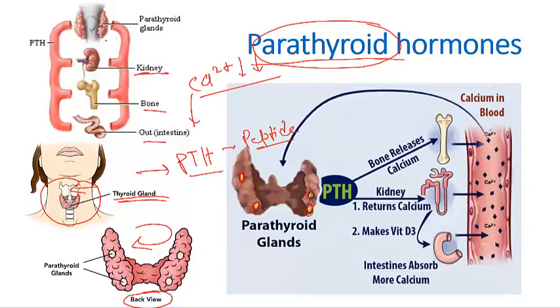In the kidney, parathyroid hormone causes direct reabsorption of calcium. In bone, it causes the resorption of the bone, and in the gut, it stimulates the conversion of vitamin D into calcitriol.